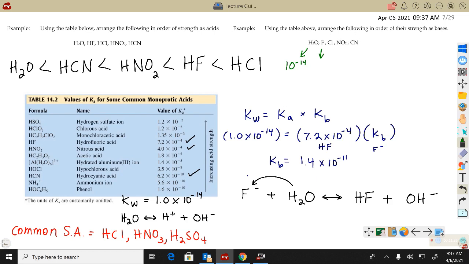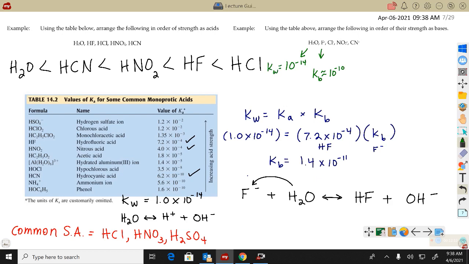So I'm just going to do that. 10 to the negative 14th divided by 10 to the negative 4th, I'm just going to subtract the exponents. So negative 14 minus negative 4. So this is approximately a Kb of 10 to the negative 10. And this was the Kw.